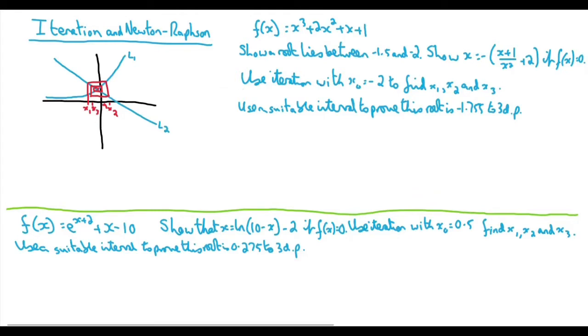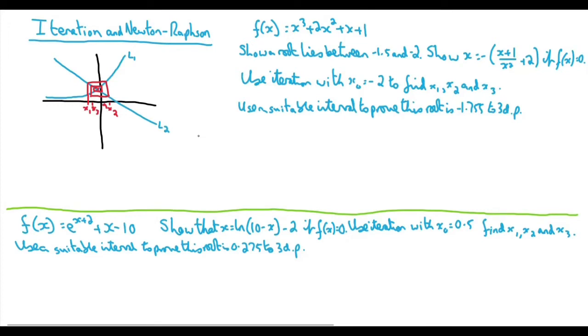Then use iteration with x naught being minus 2 to find values for x1, x2 and x3. And then finally use a suitable interval to prove this root is minus 1.755 to 3 decimal places. The first of these instructions, showing that a root lies within a given interval, relies on you then plugging these x values respectively into f of x.